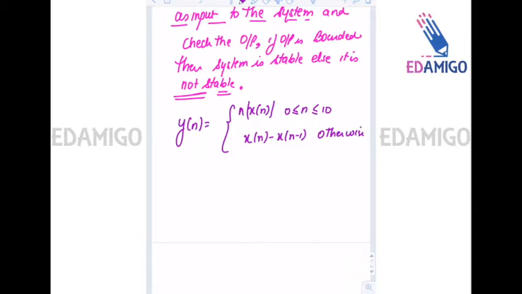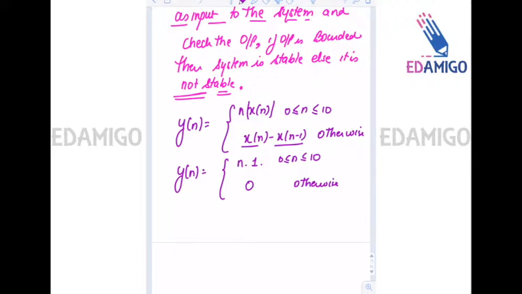When u[n] is the input, the output will be n times 1 for n 0 to 10, and it is 0 otherwise.